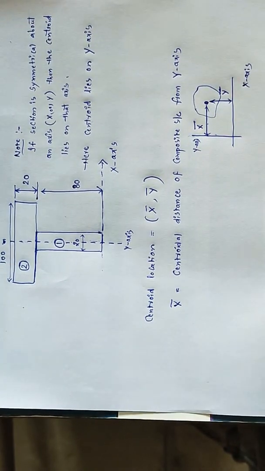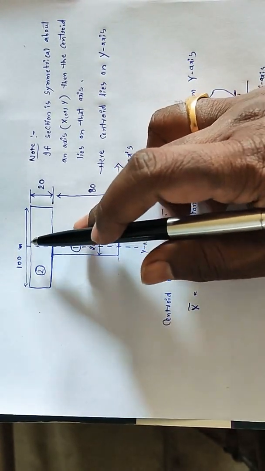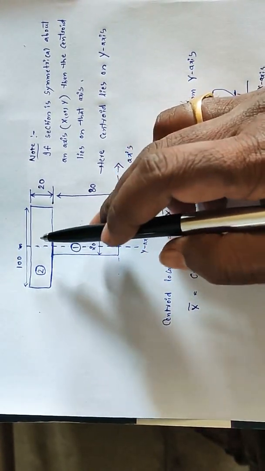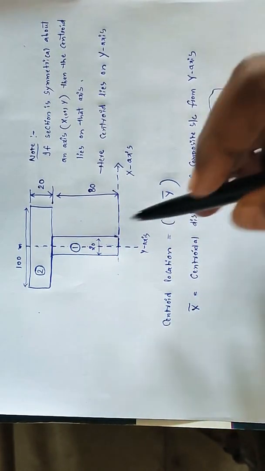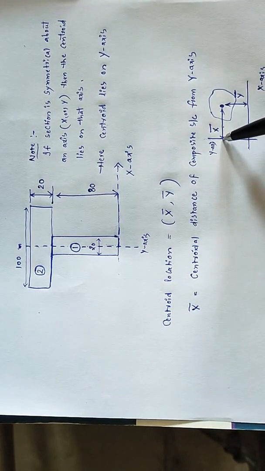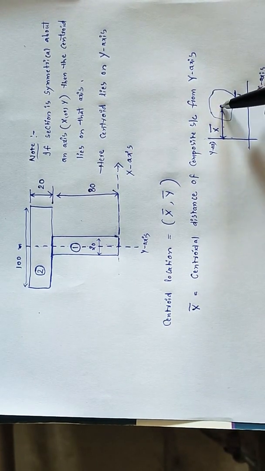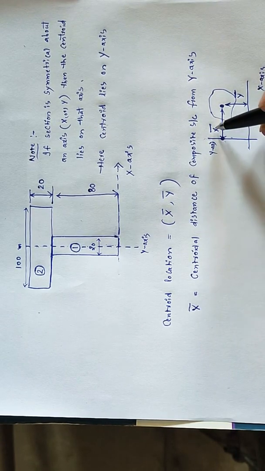So in this figure, the centroid lies on the symmetrical side. This T section is symmetrical about the y-axis, so the centroid lies on the y-axis. Here the centroid is lying on the y-axis only. So what is the value of x bar?